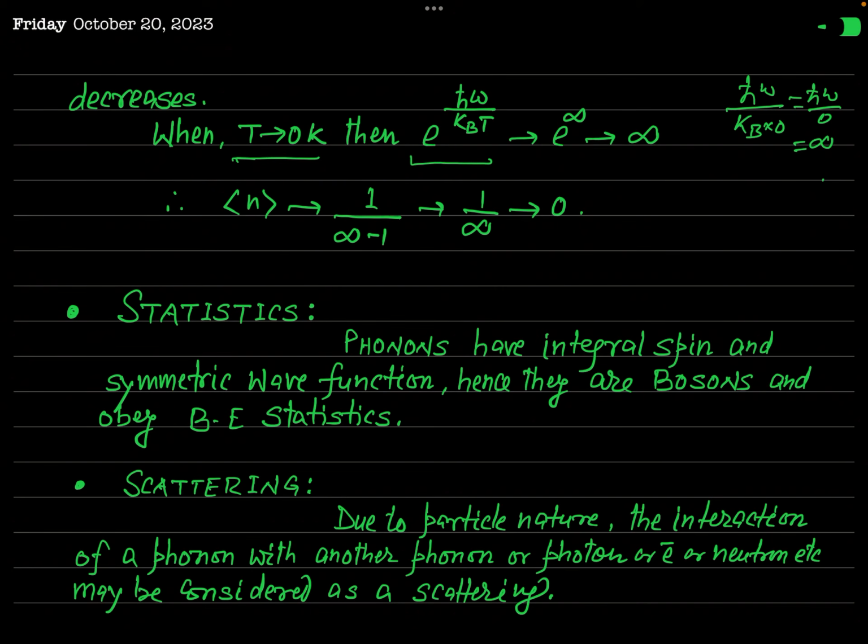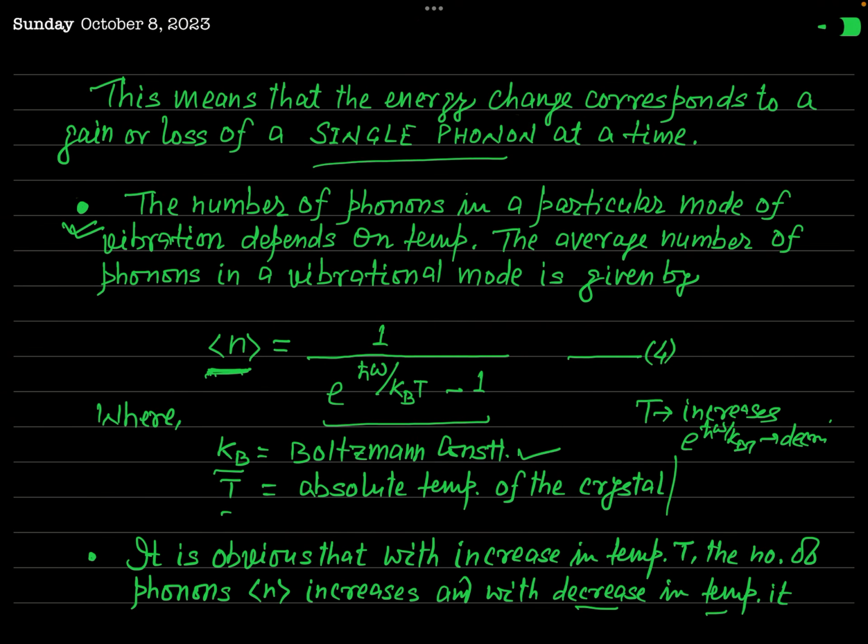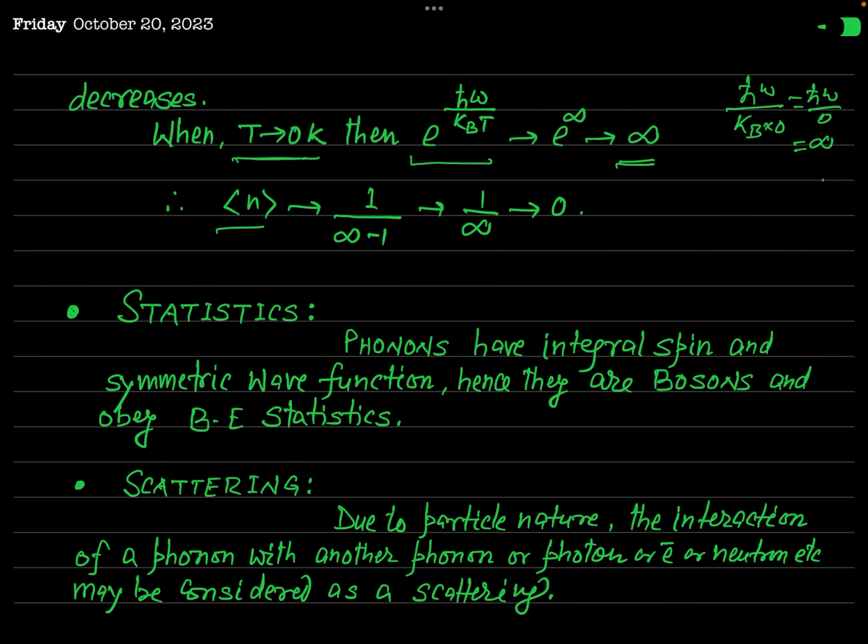So you can say when T tends to 0 Kelvin, then this exponential factor also tends towards infinity. But if this exponential factor tends towards infinity, what will be the value of this average number n? You can see now this exponential factor is infinity. So n average will be given by 1 over infinity minus 1. But infinity minus 1 is simply infinity, and so this is 1 over infinity.